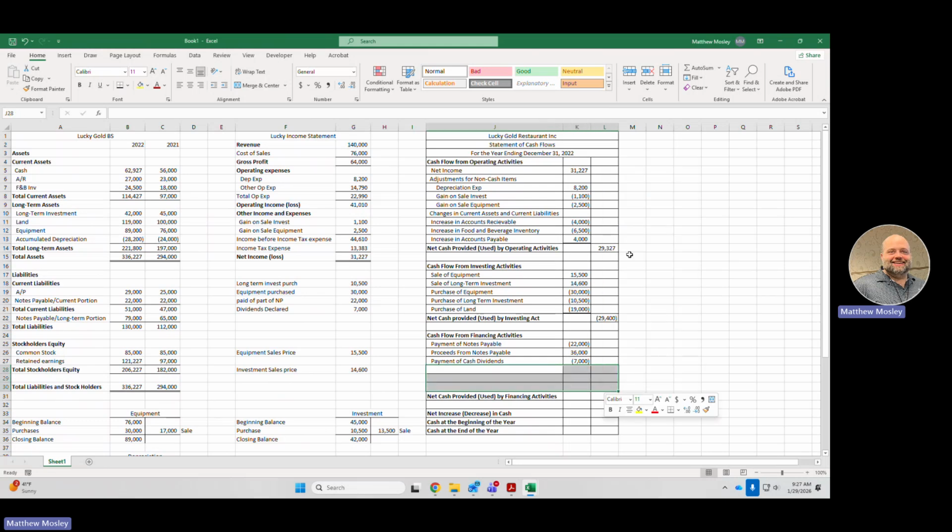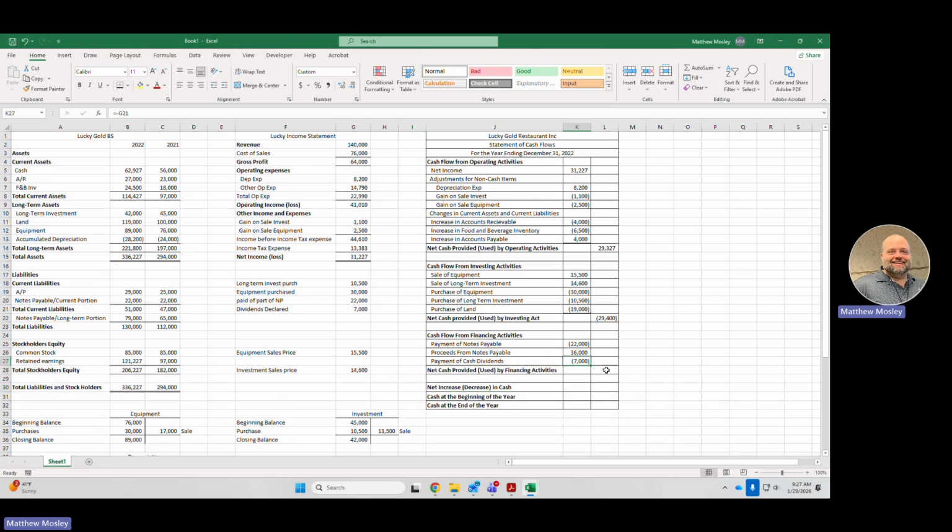So we're going to go ahead and delete some cells. We're going to put a thick border on the bottom so we know that we did some math, right? And we're going to do the net cash provided or used by financing activities. So we're just going to do equals sum. And we ended up with a positive of $7,000.